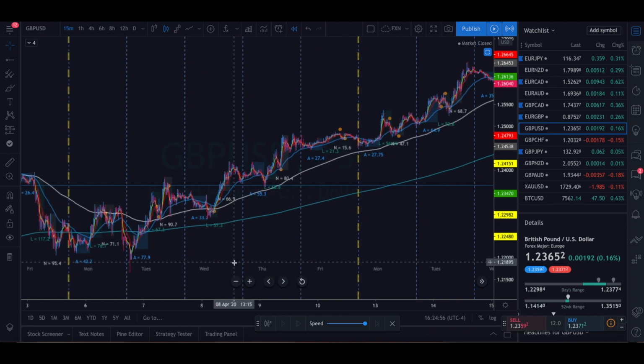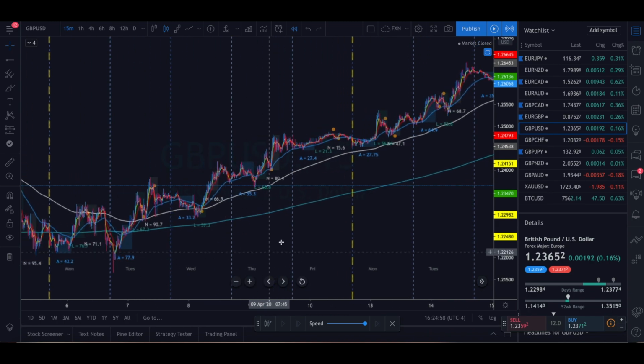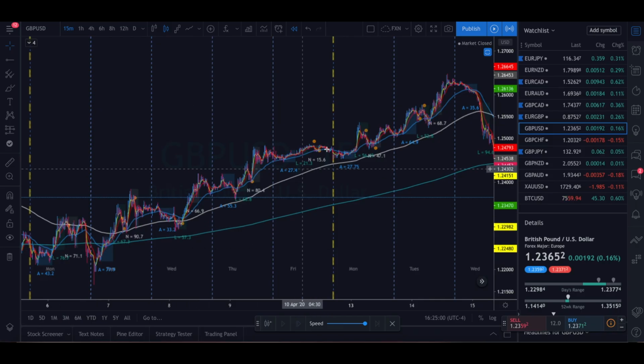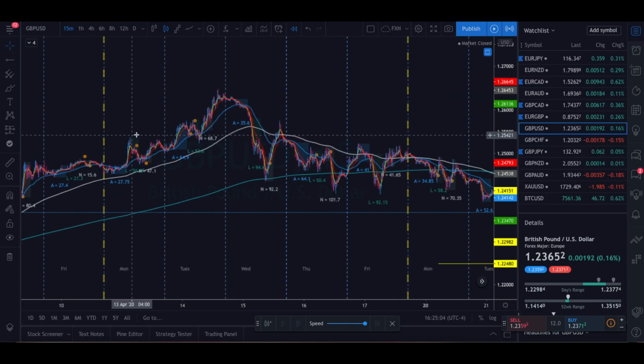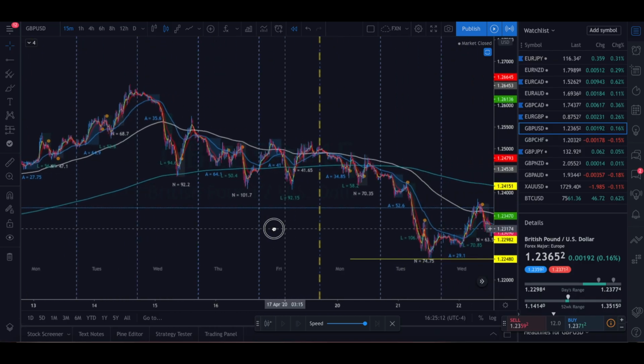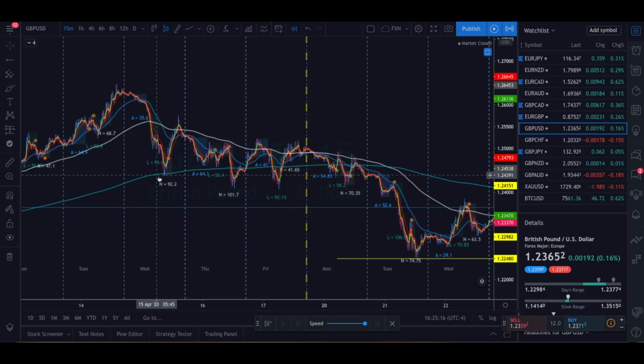This is pound USD, and this is basically what I'm talking about, where you had a trending cycle one full week, and then they go into Monday, Tuesday to end that trending cycle. Okay? And then you end up coming down and basically start to create an accumulation cycle on Wednesday.